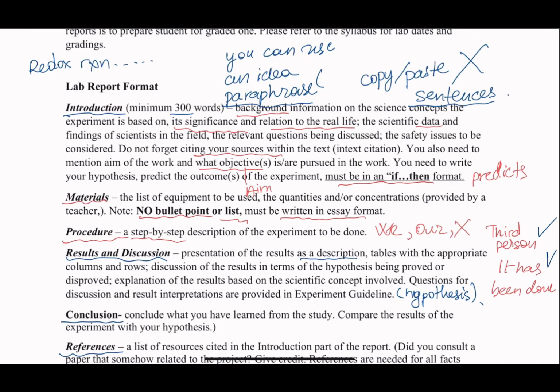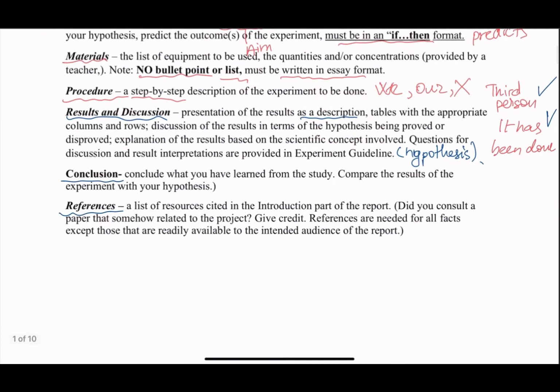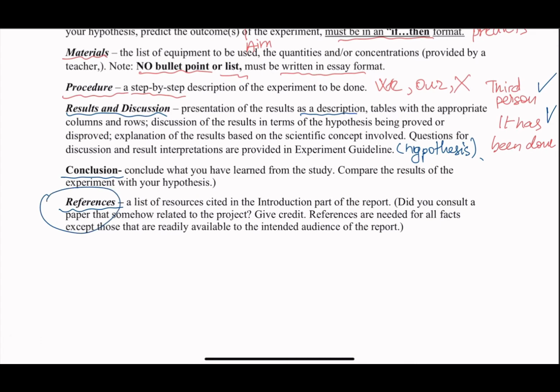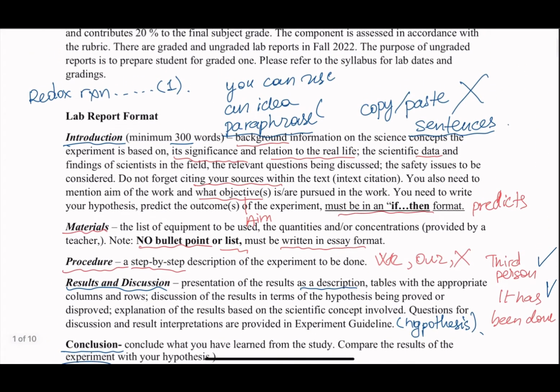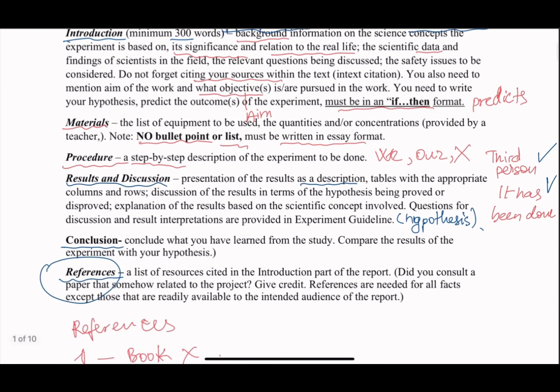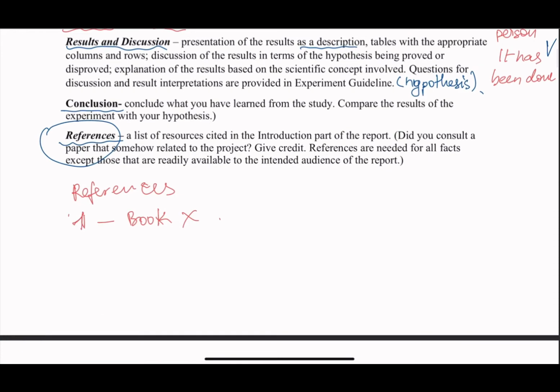You just put a number in brackets, 1, and then you go all the way down to your references section, and you write number 1, whatever the resource is, let's say a book X. Okay, you don't put the whole reference in the introduction section. You just put a number like this, and then nicely go to the references section and say what that number stands for. Okay, so this is your references section.